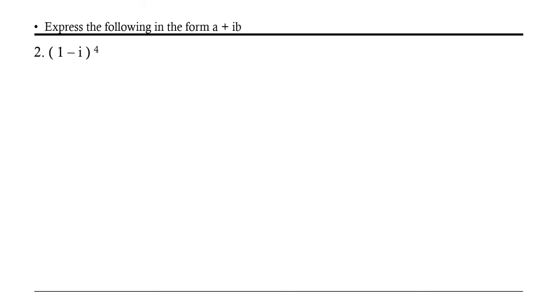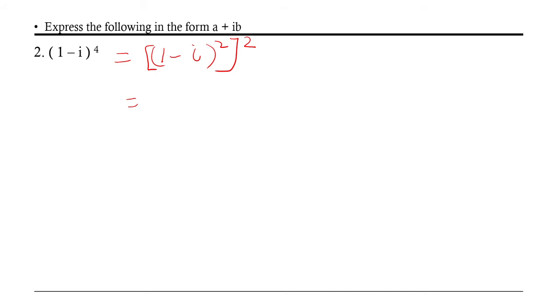Again it says express the following in the form a plus ib, and the question is (1 minus i) the whole power 4. So we can write (1 minus i) to the power 4 as ((1 minus i) the whole square) the whole square. Now we have already seen the various identities in complex numbers. So we know that (z1 minus z2) the whole square is z1 square minus 2 z1 z2 plus z2 square.